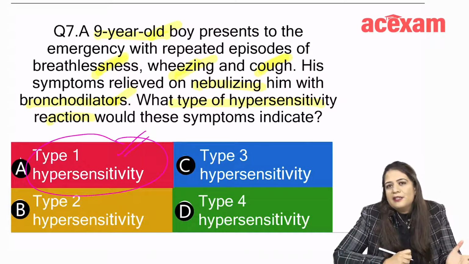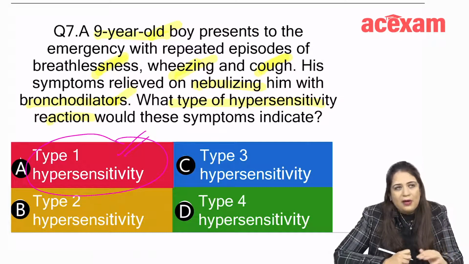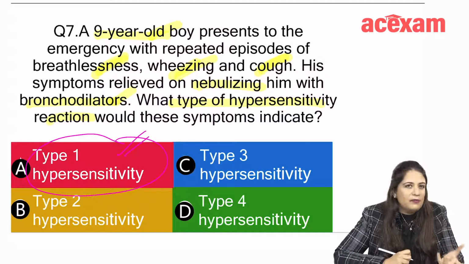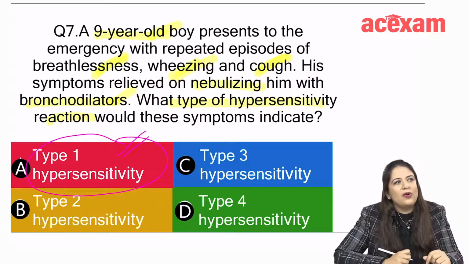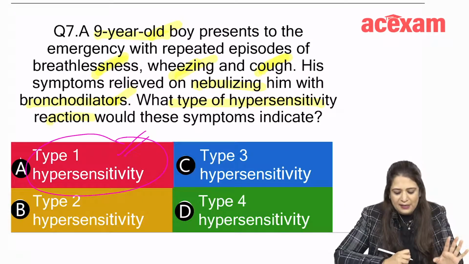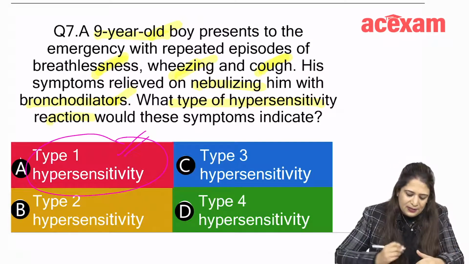Type 1 hypersensitivity reaction is not just asthma, it is all allergies. If this clinical history is provided to you in the form of an allergy, suppose allergic rhinitis or allergy to cats or pollen grains, that is also type 1 hypersensitivity.